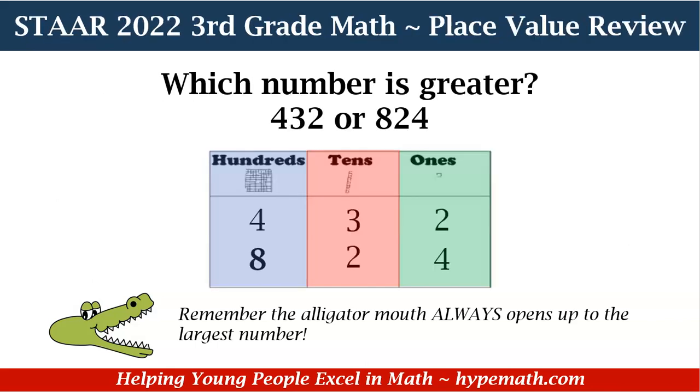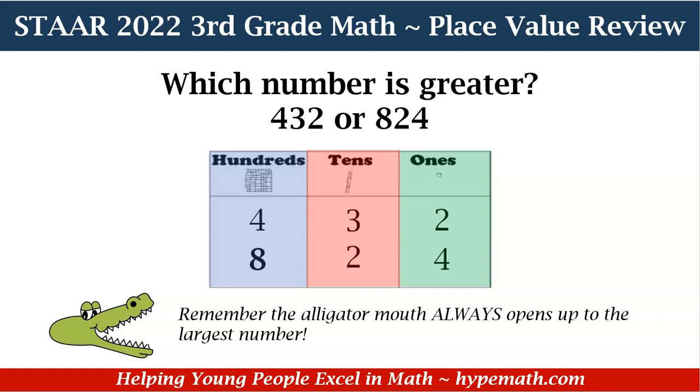So let's look at some examples. Which number is greater, 432 or 824? Let's go through the steps so that we can see which number is greater. We said for step 1, we need to write the numbers and line them up by the place values. So that is what we did.